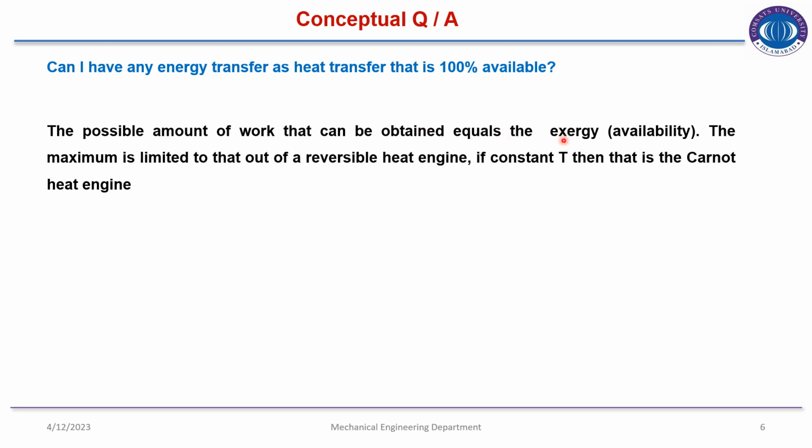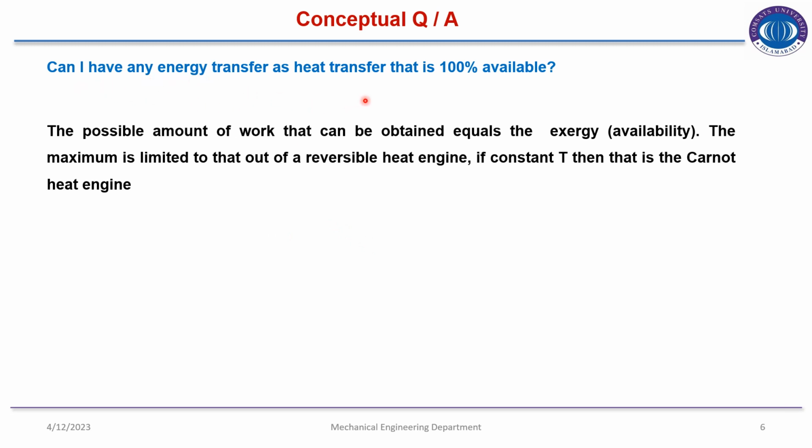As you know, exergy is the maximum amount of work that can be obtained. If we have a reversible heat engine and an actual heat engine, then the maximum work that can be produced by the reversible heat engine is the exergy or availability that we can achieve from any system.